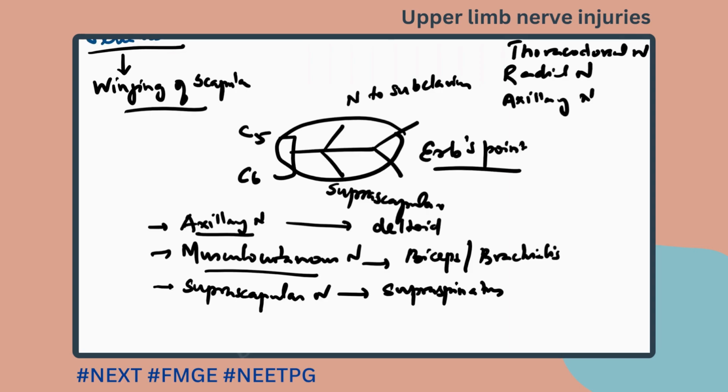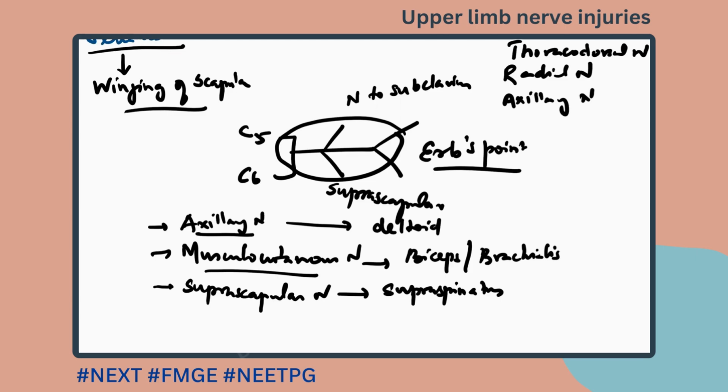So that is lost, and it goes in for adduction. Musculocutaneous nerve supplies biceps and brachialis, so flexion is lost and it goes in for extension. Biceps is again lost, so it goes in for pronation. So this type of deformity is called policeman's tip or waiter's tip receiving deformity, which is seen in Erb's palsy. Erb's point is the point where the 6 nerves meet together.